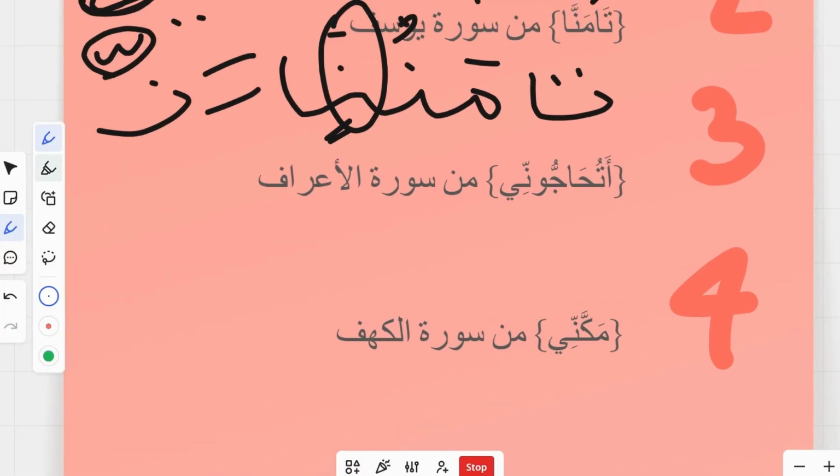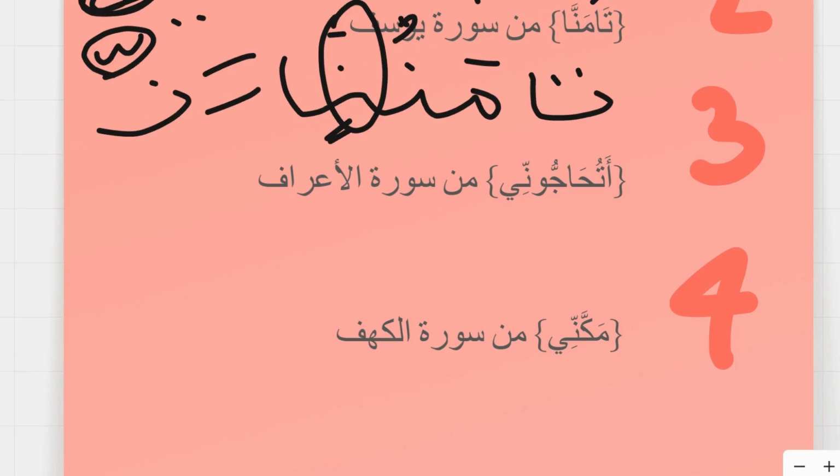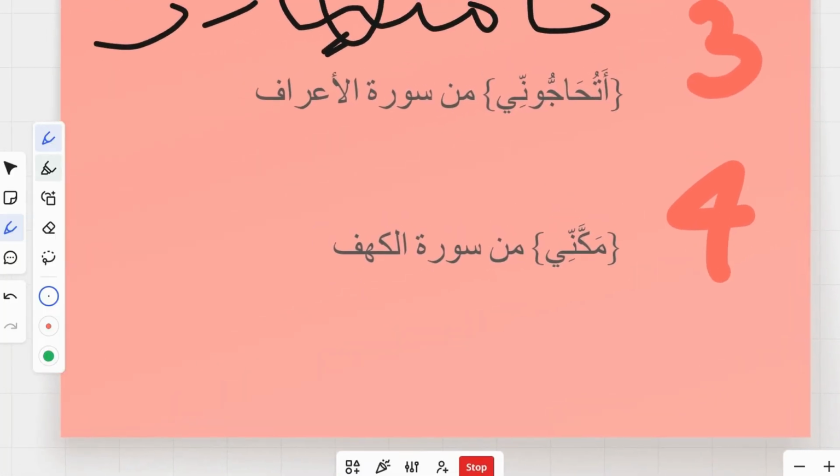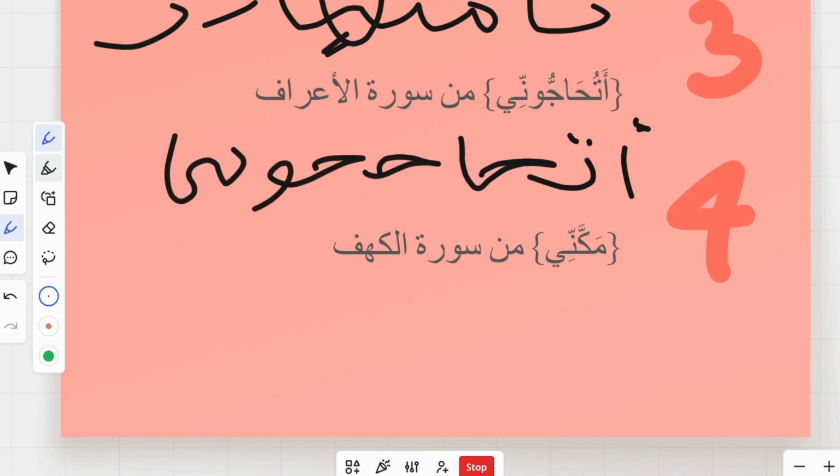Okay, the third example of the fixed assimilation, of the major assimilation. أتحاجوني. It was originally this way. أتحاجوني.